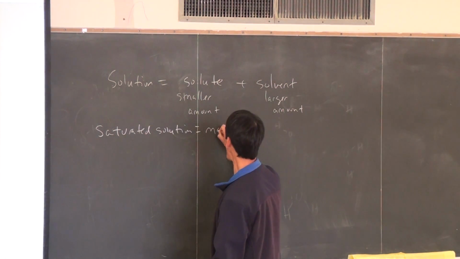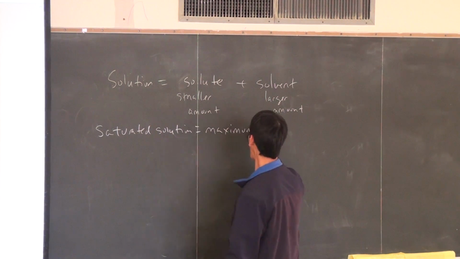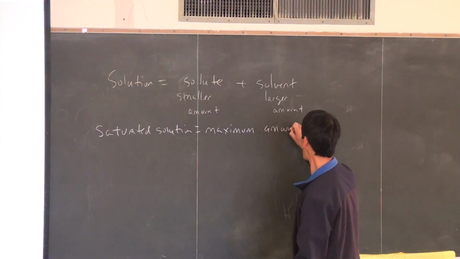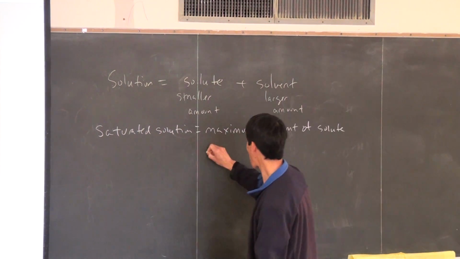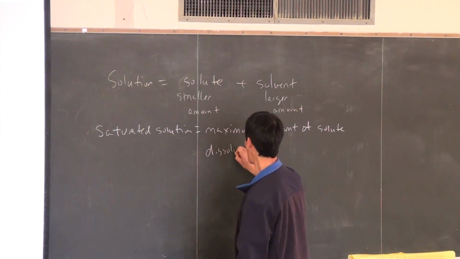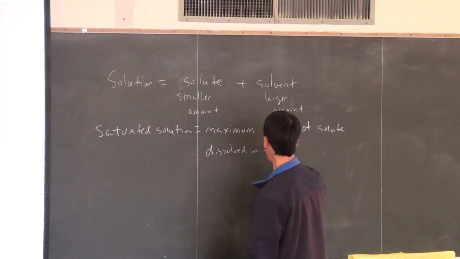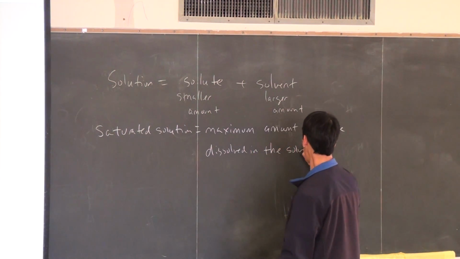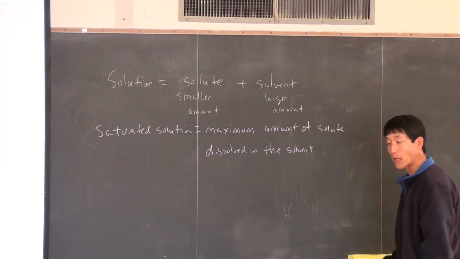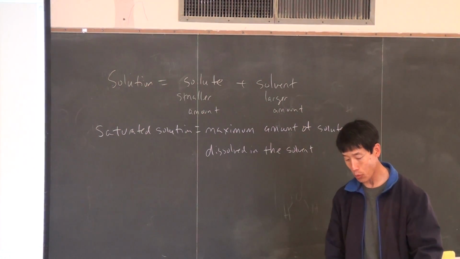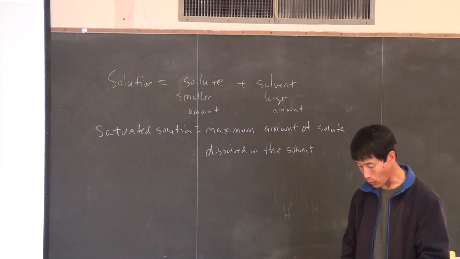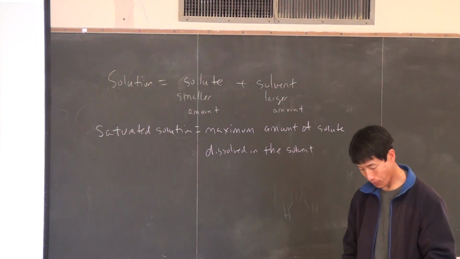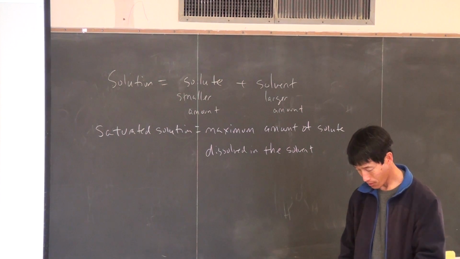So you have the maximum amount of solute dissolved in the solvent. Now, the textbook actually shows a table which shows the solubility of sodium chloride in water, and that's on page.